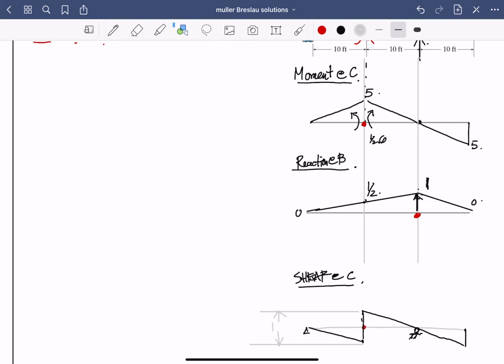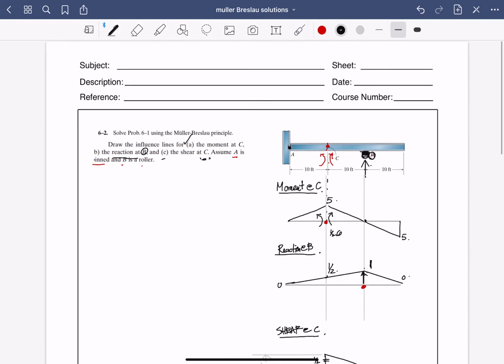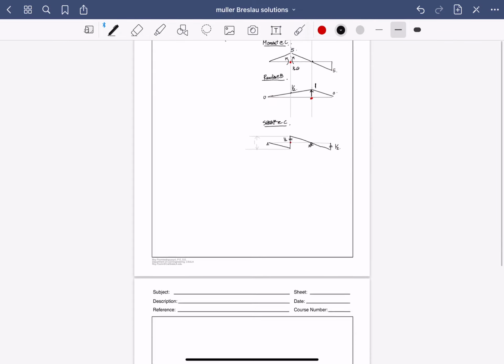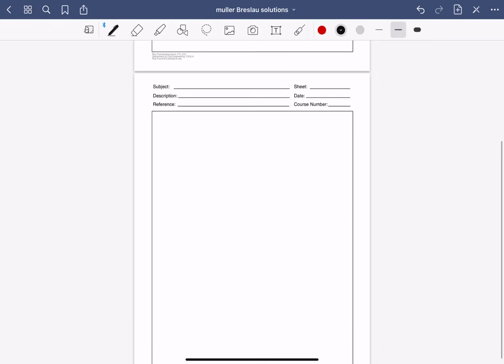By similar triangles, this is a half, and similar triangles says that that's also a half. And that is assumed for C. That's question 6-2. All right.